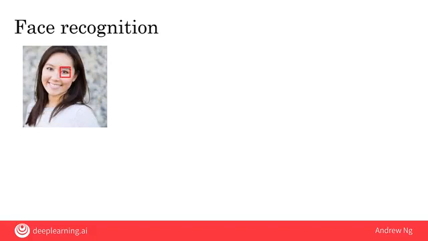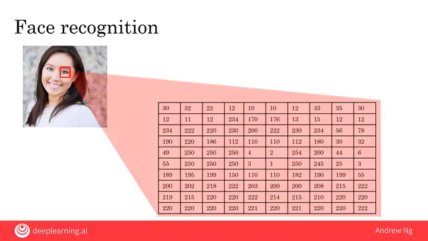Let's zoom in to a little square like that to better understand how a computer sees pictures. Where you and I see a human eye, a computer instead sees that. It sees this grid of pixel brightness values that tells it for each of the pixels in the image, how bright is that pixel. If it were a black and white or a grayscale image, then each pixel would correspond to a single number telling you how bright is that pixel.